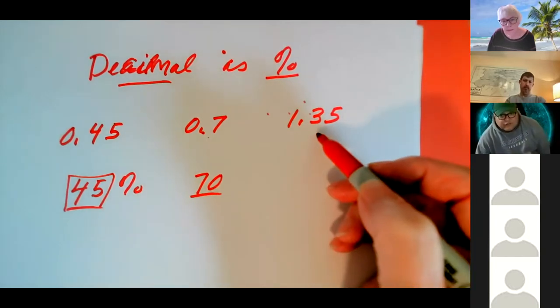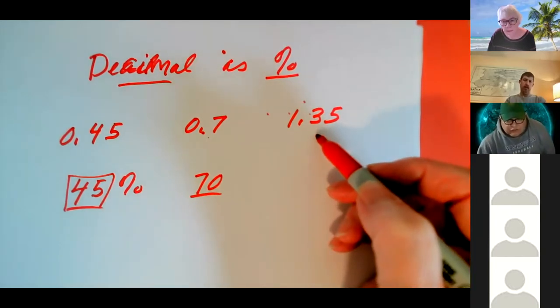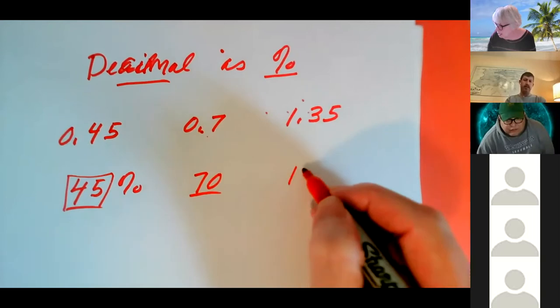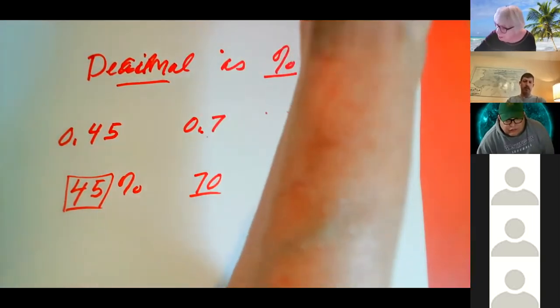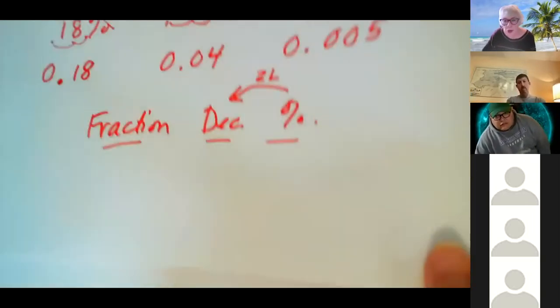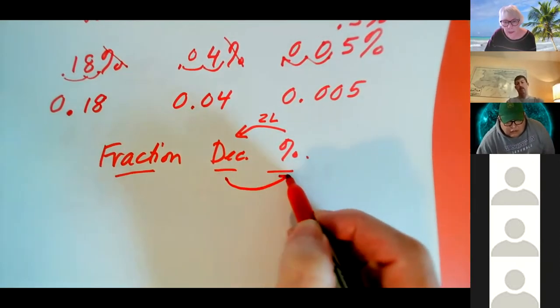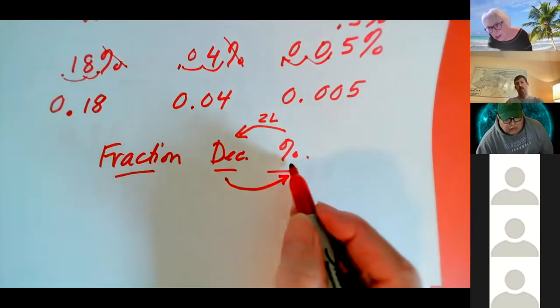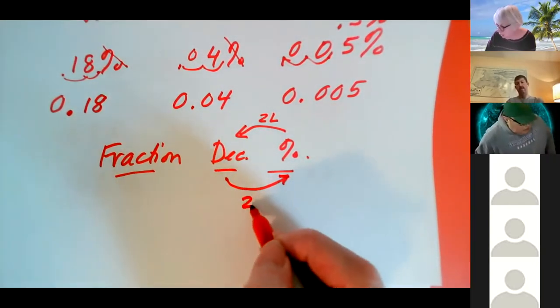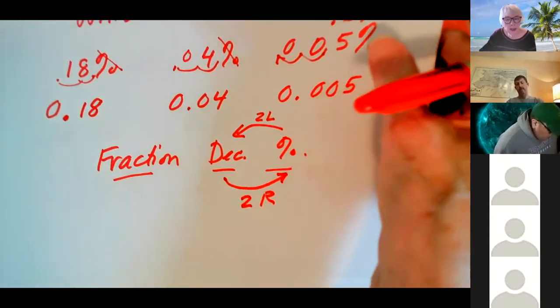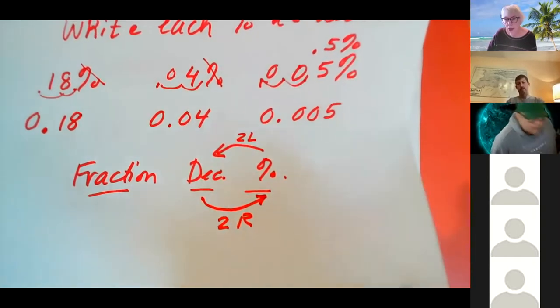And this one? 135. Yes. And so see, back to my little chart, when you had decimals and needed to make it a percent, it's this direction and it's 2 places to the right because percent is always 2 because it's 100.